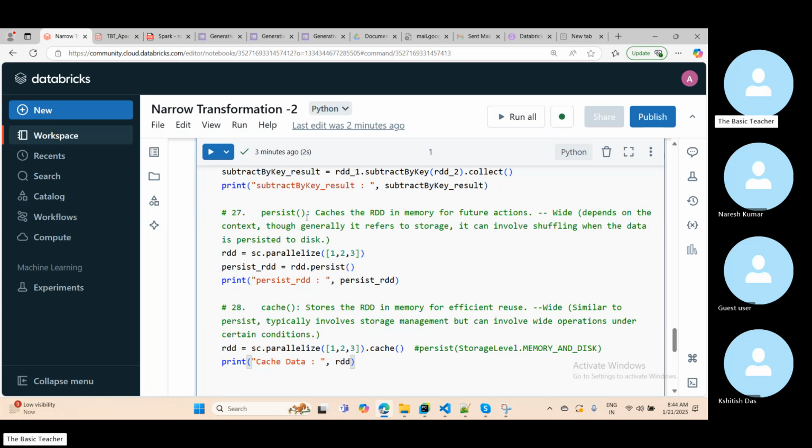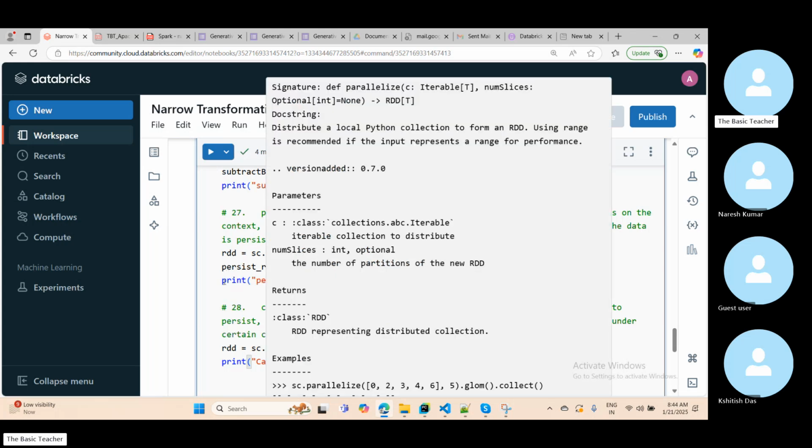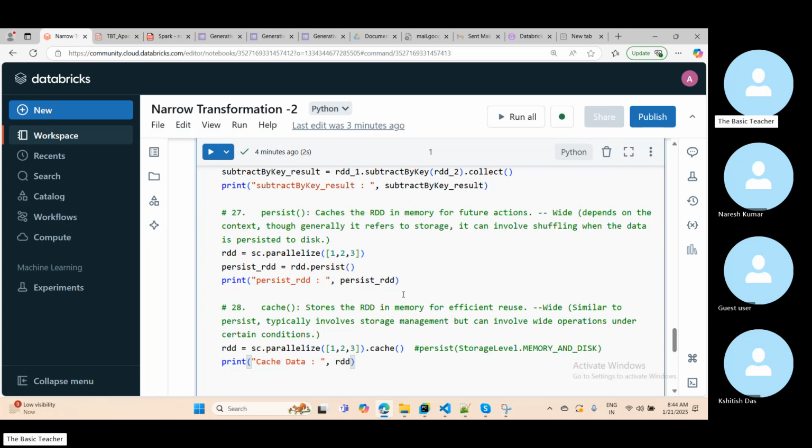Persist is again for saving the data, and how you are going to persist it. In Spark we have multiple persist levels: disk only, memory and disk, and memory only, with some serialization and so on. Anyways, we will discuss that in much more detail.